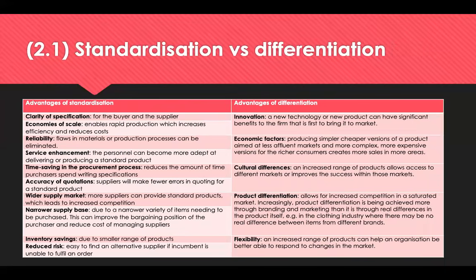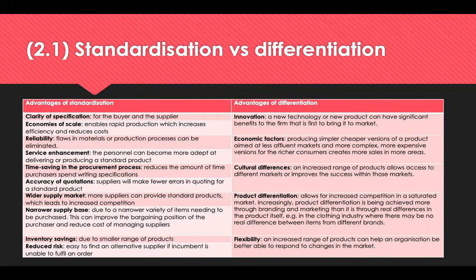The difference between standardisation and differentiation: standardisation is the process of making products or processes conform to a standard. This has lots of benefits such as clarity of spec, economies of scale, it's far more reliable, enhancing the service, time saved in our processes, as well as accuracy in the quotes because there's less likelihood they're going to make errors.